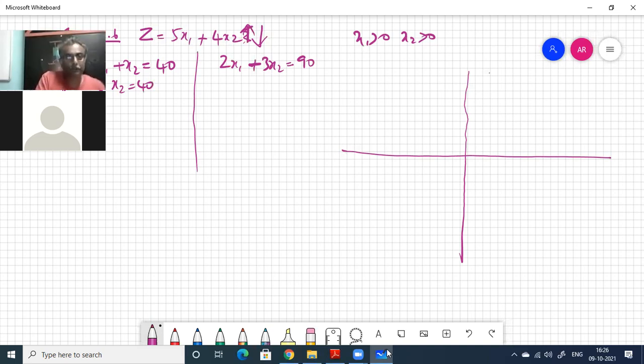Then x2 is equal to 0, then 4x1 equal to 40, so x1 equal to 40 by 4 is equal to 10. So the other point is 10, 0. 0, 40 and 10, 0. 0, 40 is a very long distance, so you must be very careful.